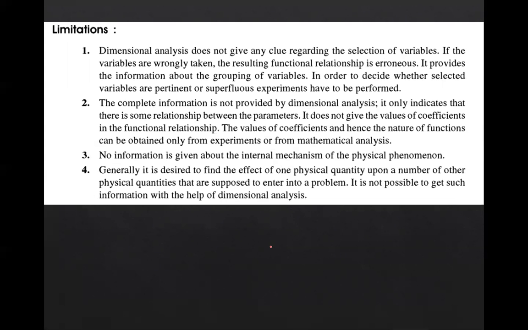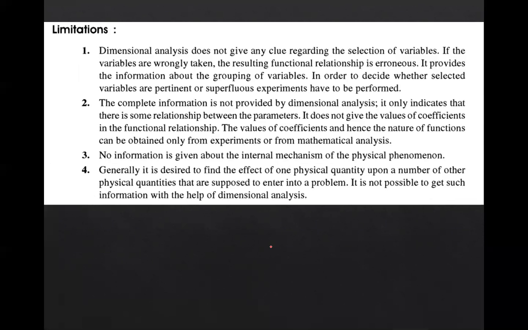The first limitation is that dimensional analysis does not give any clue regarding the selection of variables. If the variables are wrongly taken, the resultant functional relationship is erroneous. It provides information about the grouping of variables, but to decide whether selected variables are pertinent or superfluous, experiments have to be performed. Complete information is not provided by dimensional analysis.